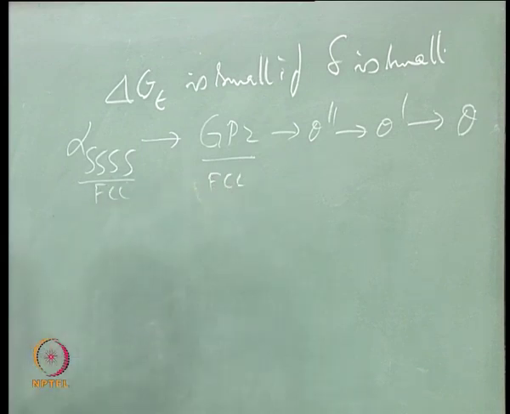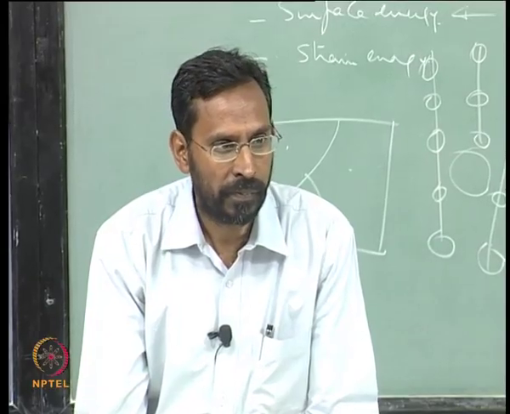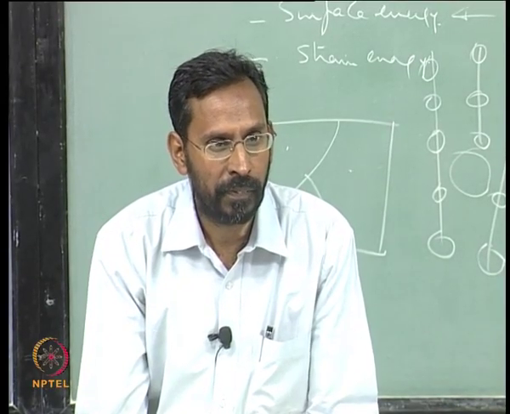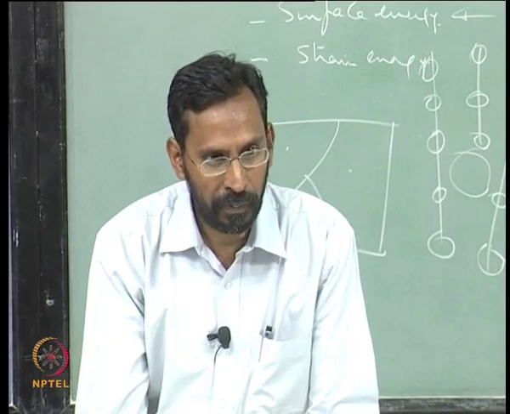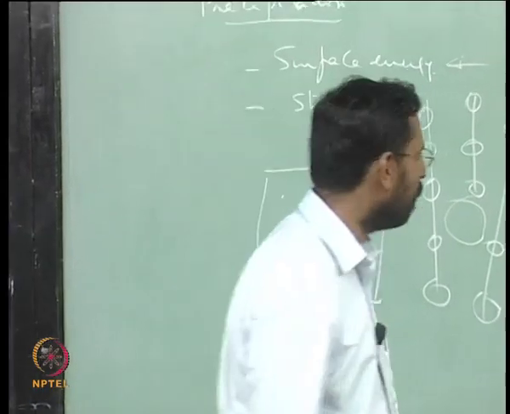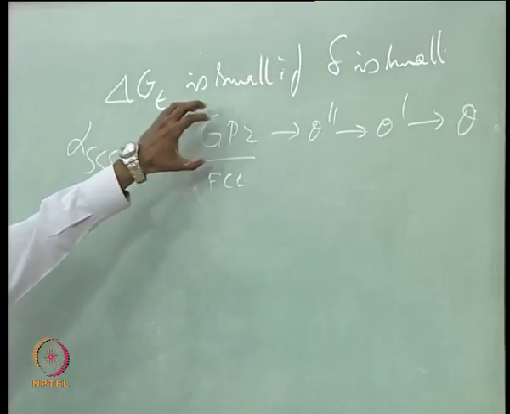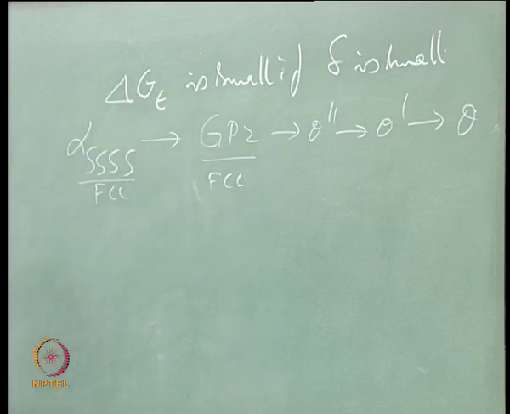The only difference is, what is the difference? Anything? Where is this lattice parameter difference coming from? The composition is different, as simple as that. The GP zone composition is different from alpha.